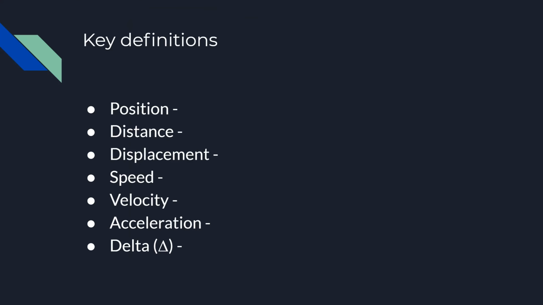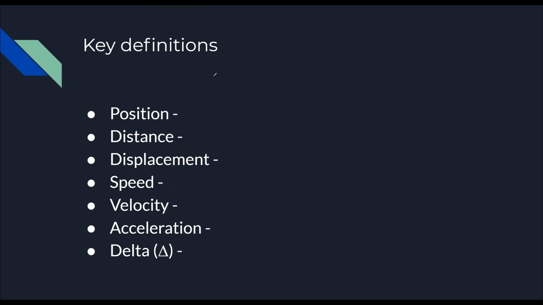Now, before we start looking at some of the more important formulas, we're going to look at some of the key definitions. So first, position. Position is a location. In a question or problem, it usually doesn't assign us a coordinate system, so we can't really decide on a position or location at that point.